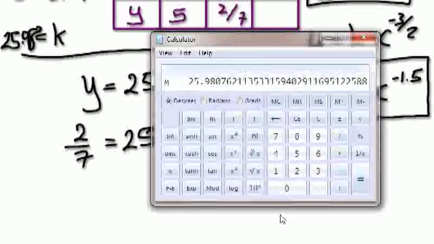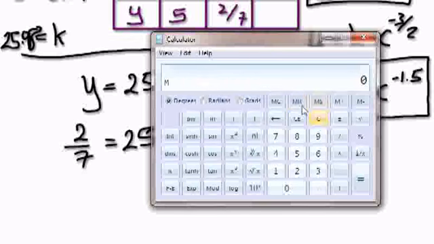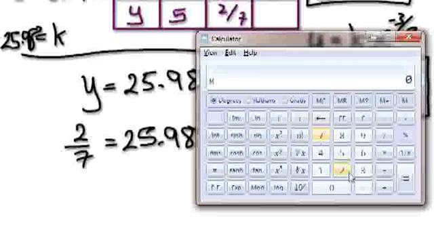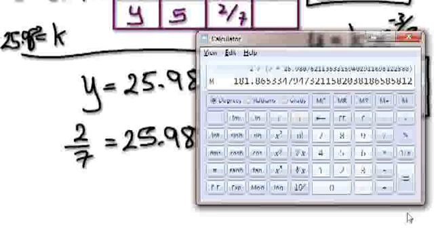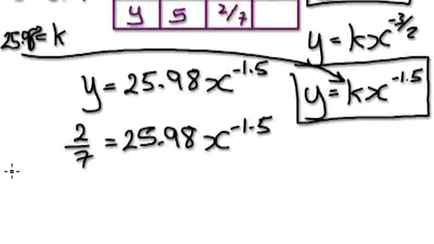On my calculator, let me put this into memory. So basically, it's 2 divided by bracket 7 times my memory, because it gets multiplied to the bottom, and then close it off. That equals this.